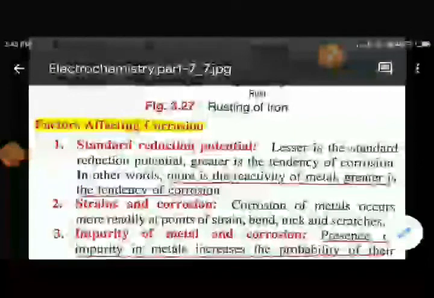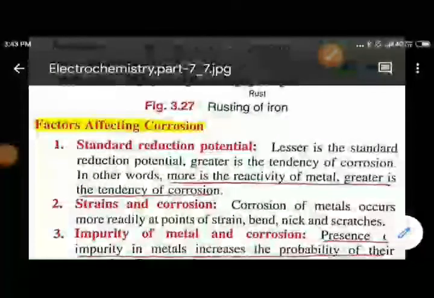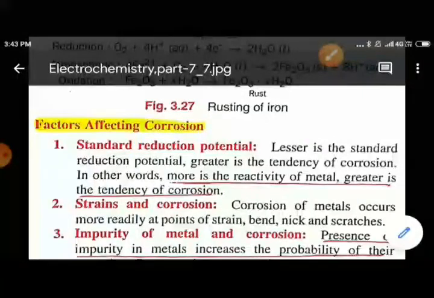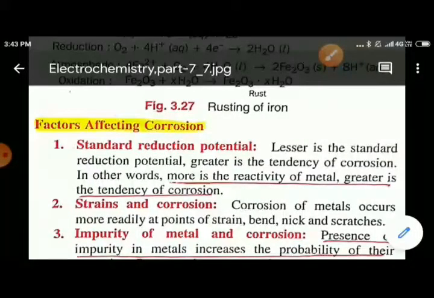Now, factors affecting corrosion. There are different factors which corrode a particular metal. First, standard reduction potential. If the standard reduction potential is less, it indicates a greater tendency of corrosion.